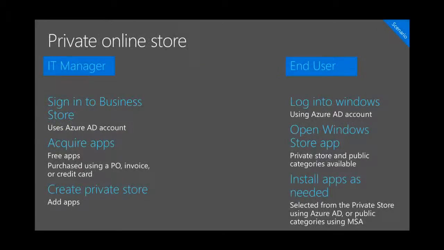So a private online store is very simple. As I said, you log into the store, you register, you start to purchase applications. That can be free applications or for-pay applications. You can use whatever payment method is customary within your organization, PO or credit card or whatever, to purchase these applications. You purchase a number of licenses.